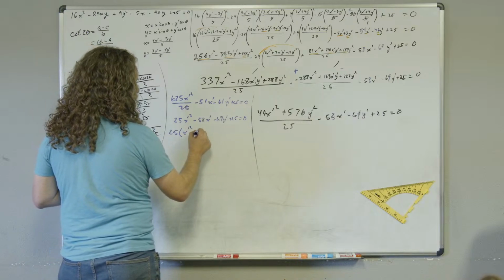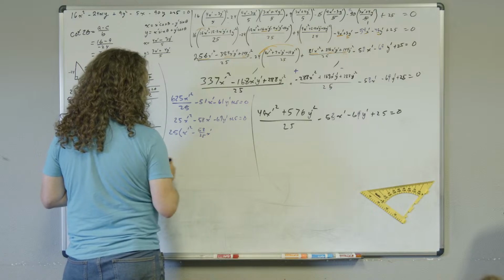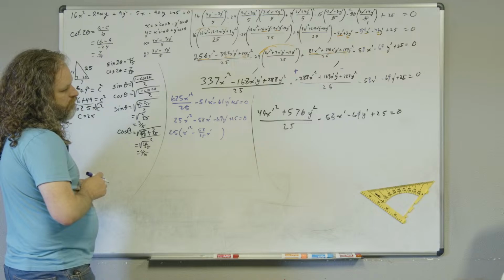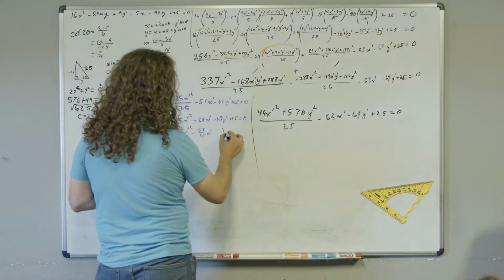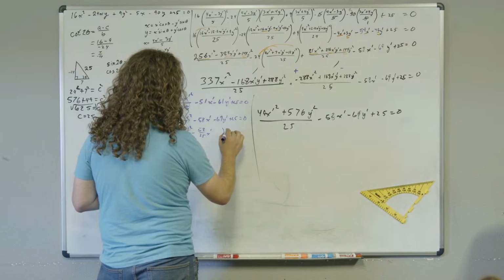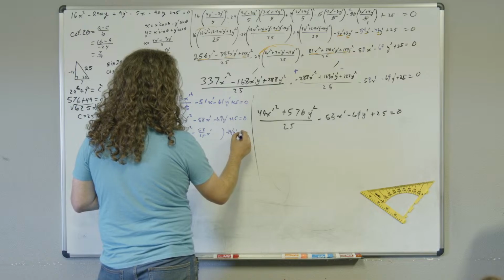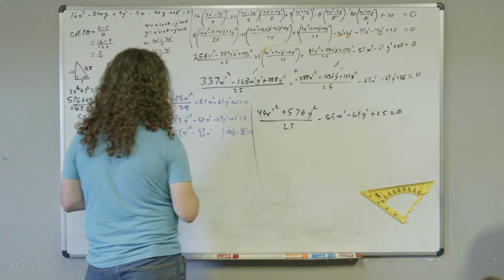Negative 58/25 x prime, negative 69 y prime, minus 25/69 equals 0.